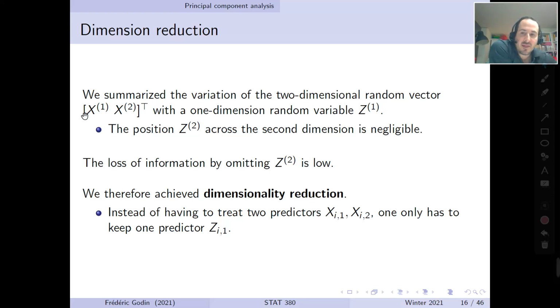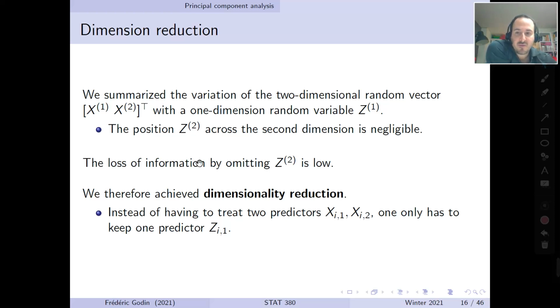So this data point could be very well represented by z1 times the vector a1, which was the first basis vector. And because z2 was negligible, if we want to remove z2 from our new data set, it would be fine because it provides limited information and is of limited magnitude.